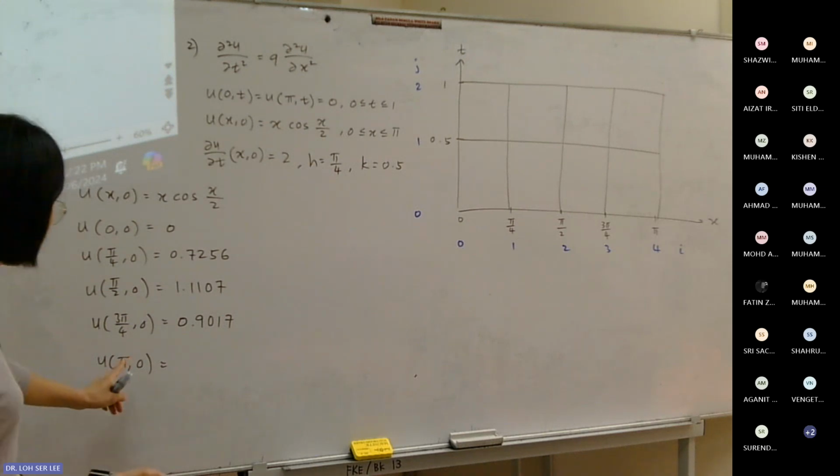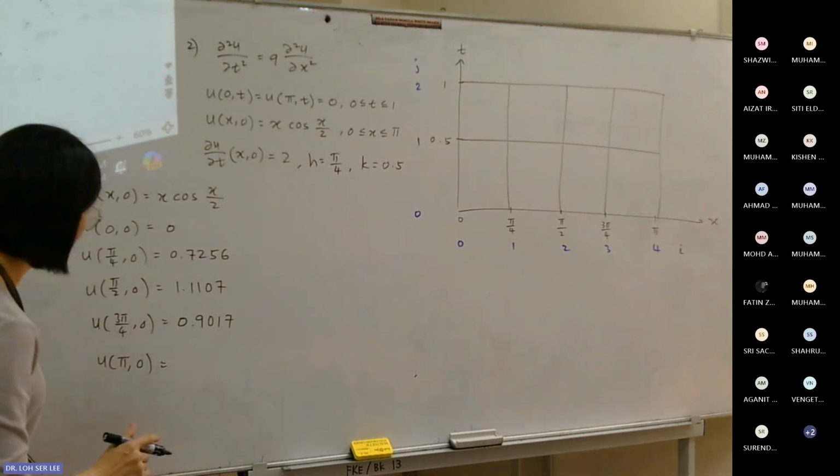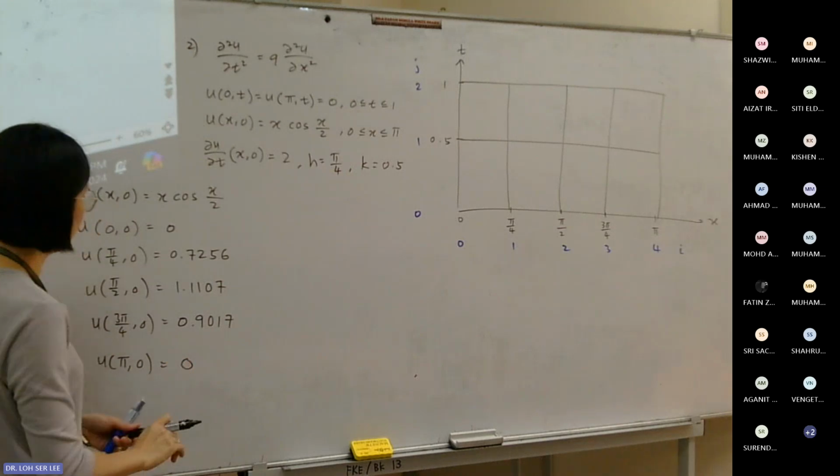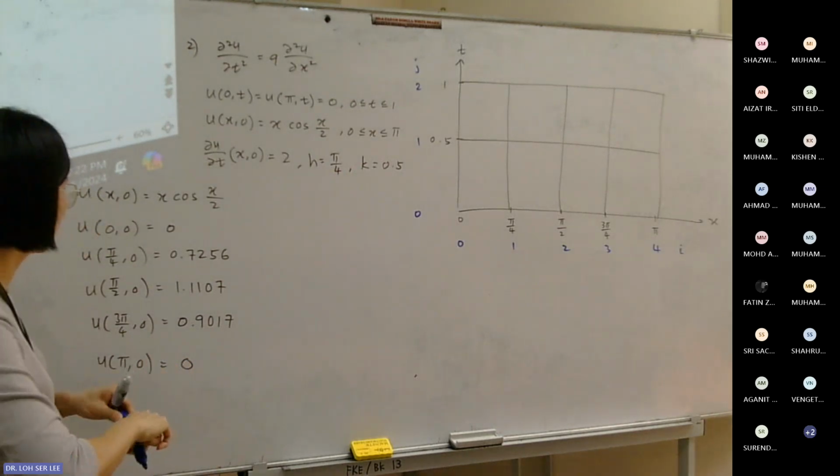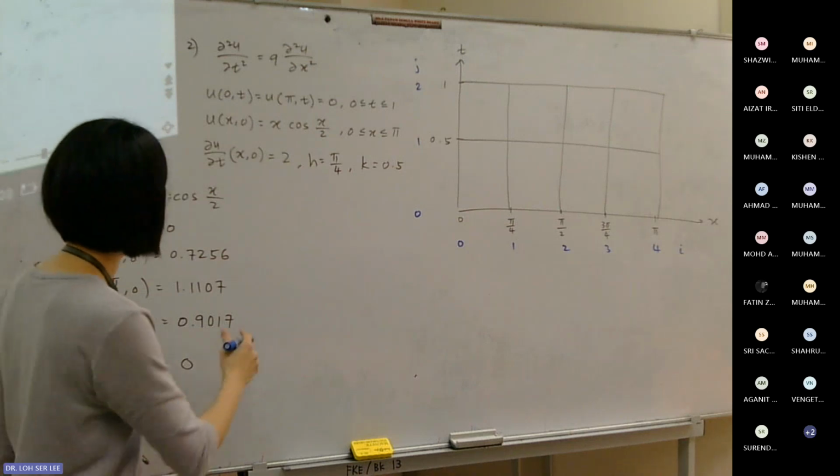When x is pi, 0. Okay, it is symmetrical. This means I can find all the values.